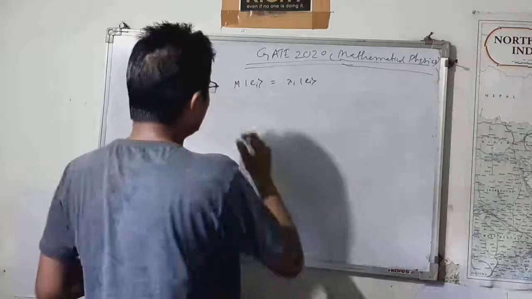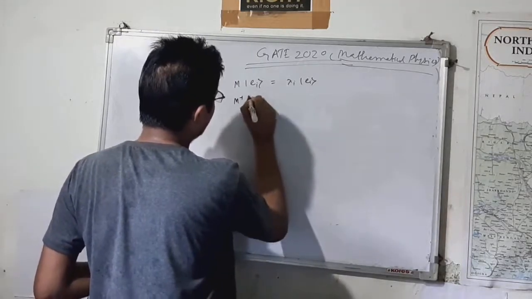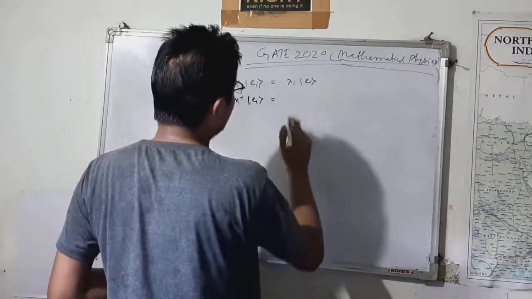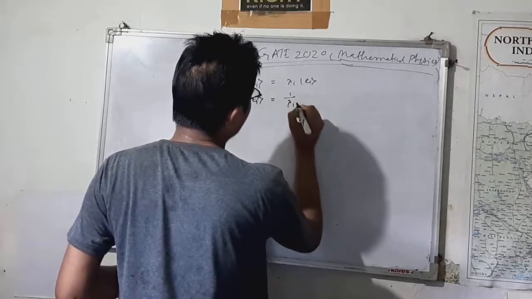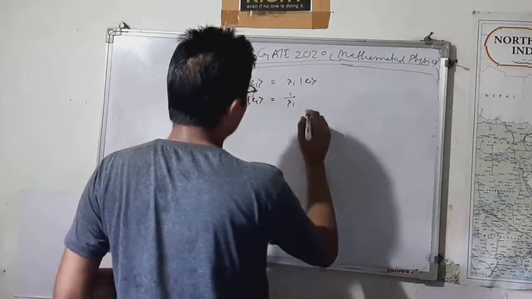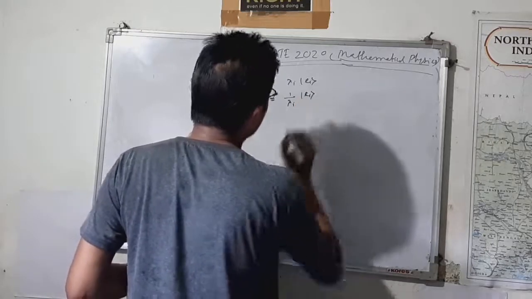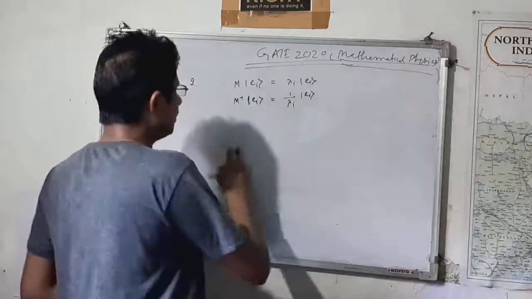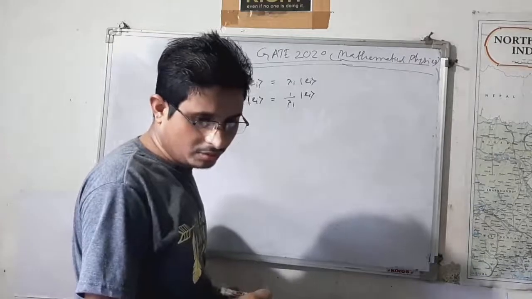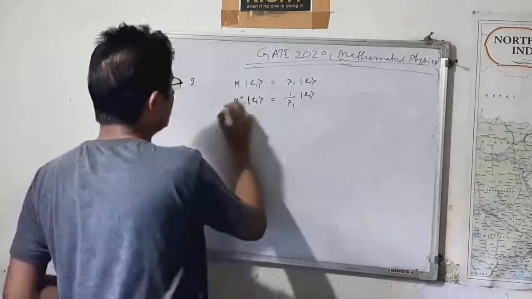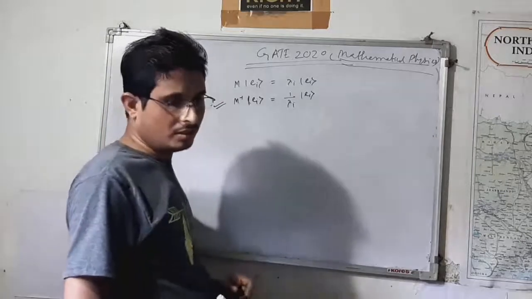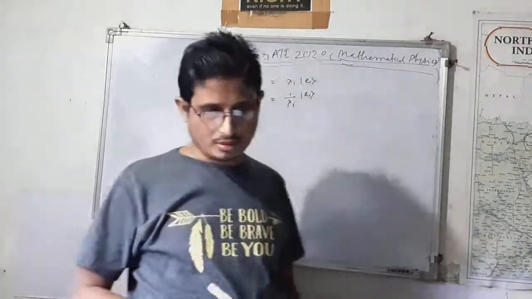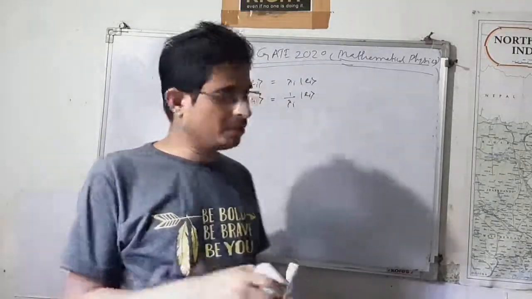Another option is, if we take the inverse of M, then for M inverse the eigenvalue will be the reciprocal of the original eigenvalue. These are the properties of the eigenvalue equation. So in your question, option 2 gives this equation. Option B is the correct answer for question number 2.